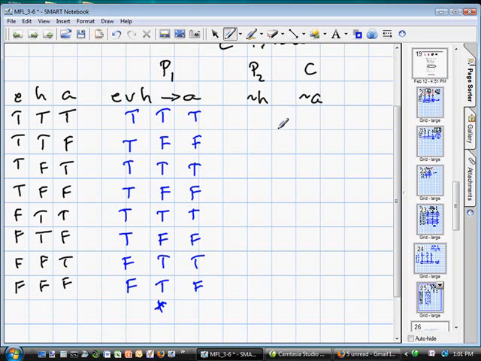Okay, now let's put the premise 2, not H. Maybe the only bad thing about the way I did it is it's not going to be real easy visually, but that's okay. False, true, true, false, false, true, true, and not A, false, true, false, true, false, true, false, true.